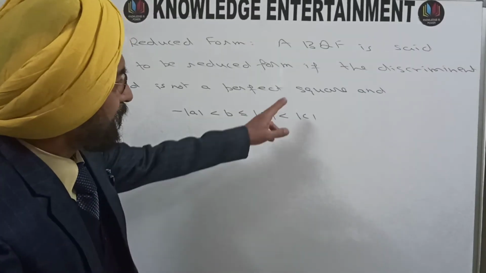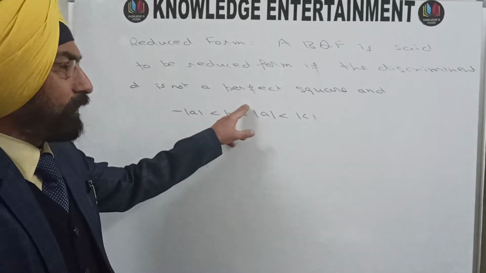So if these two conditions are satisfied, that means the discriminant is not a perfect square, and -|a| < b ≤ |a| < |c|.